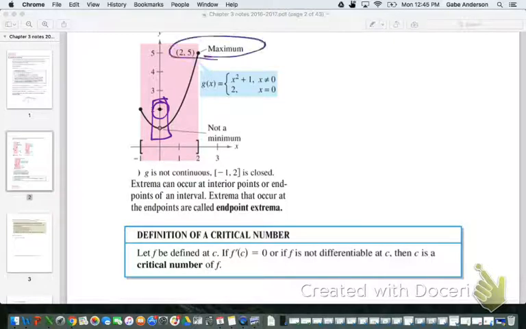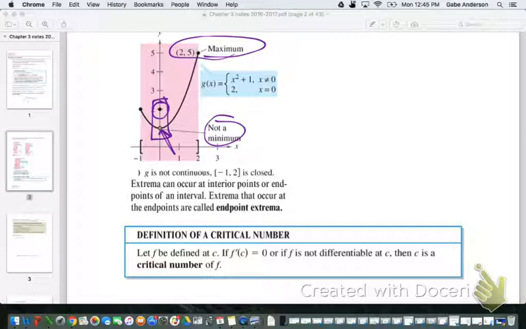We can see that this one does have a maximum on that endpoint over there, (2, 5). But what used to be the minimum is not the minimum anymore because the function doesn't exist right there. And so, once again, we're not going to redefine this to be a new closed interval. We're simply going to say that there's not a minimum here because of that lack of continuity.